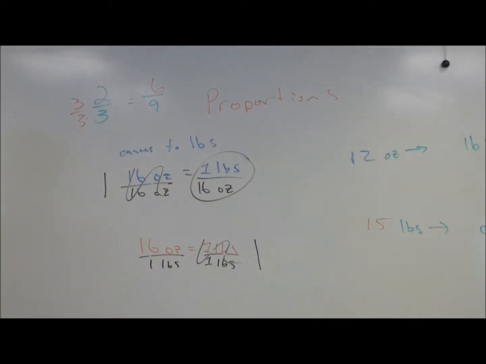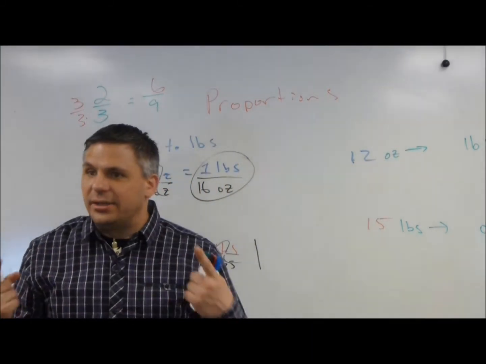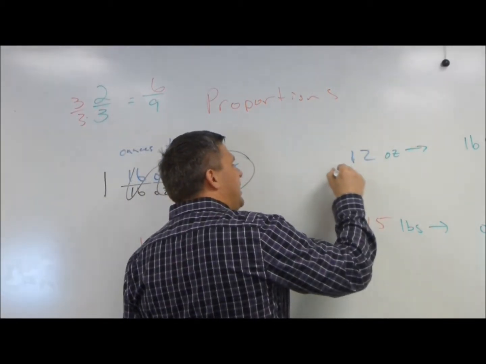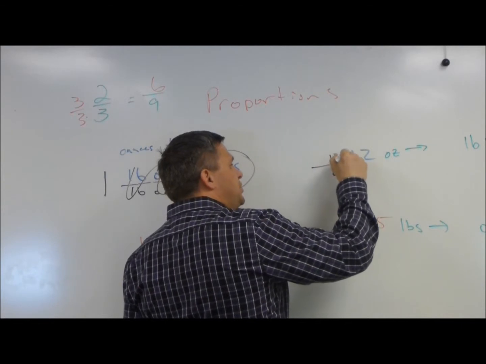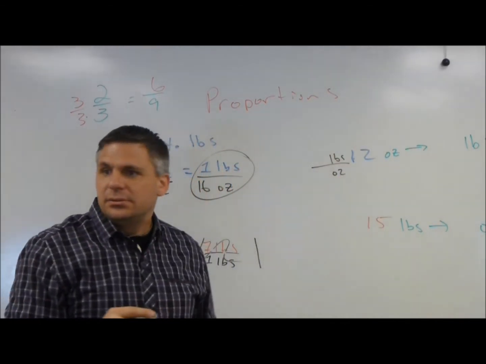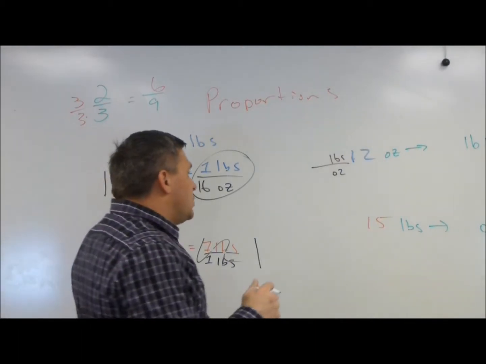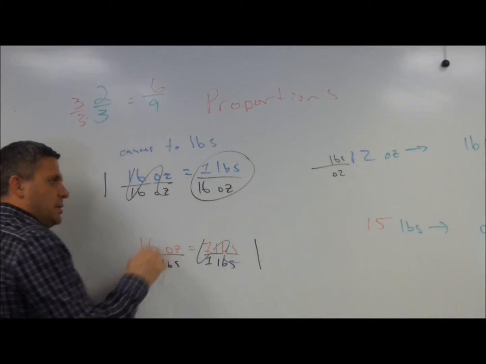And to do that, I need to multiply this by a ratio of 1, but a ratio of 1 that gets rid of the ounces and changes it to pounds. So I need to know which one of these I need to use.